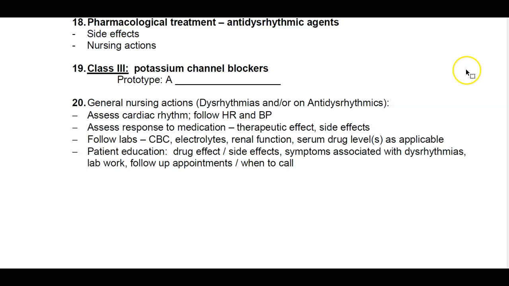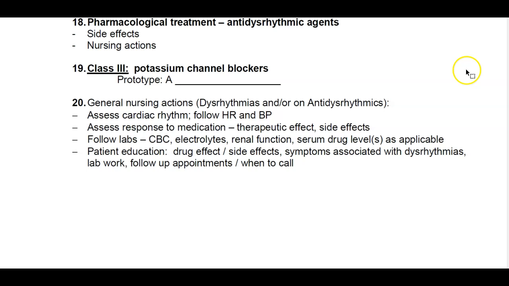Again, we need to follow and analyze those labs because they will give us cues about what's going on with our patient. The labs that we need to know include CBC, electrolytes, renal function, and the drug levels if applicable. And again, patient education.